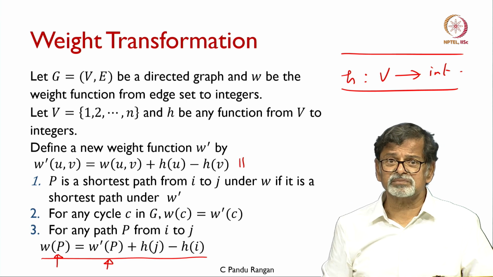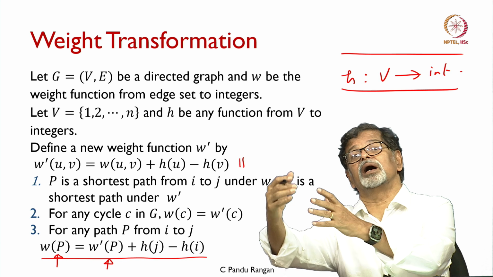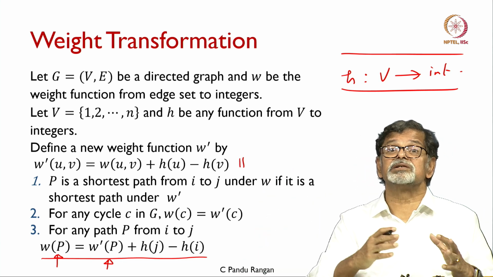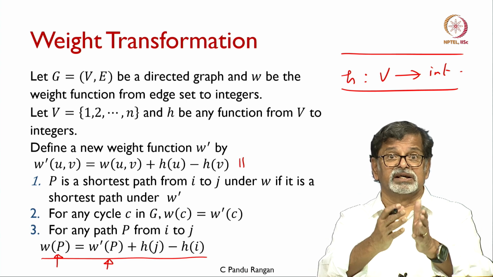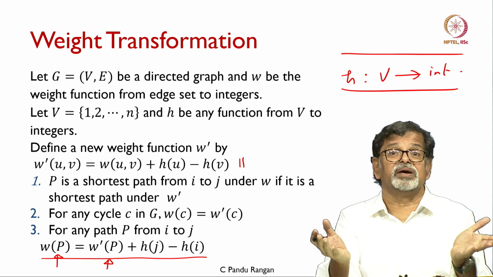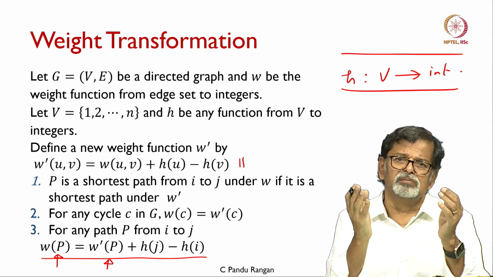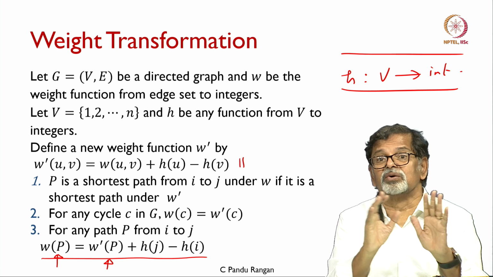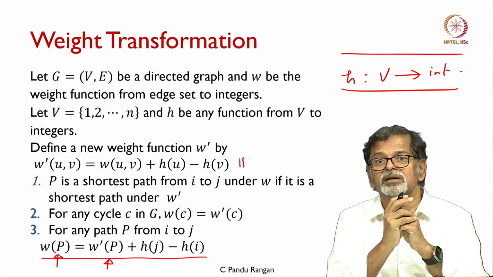We will see why going from w to w dash, working on w dash and coming back from w dash to w is more efficient than working directly with w. We have seen already, if you work with w directly, the only way is you have to apply n times the Bellman and Ford, and that is n power 4. Therefore, working directly with w is not a good idea, all right.